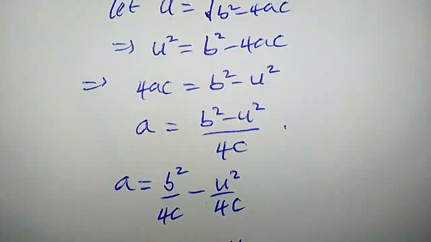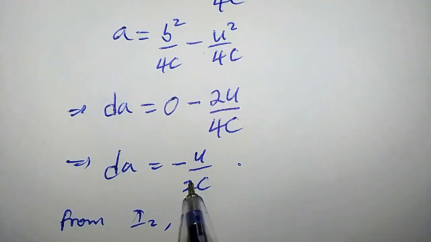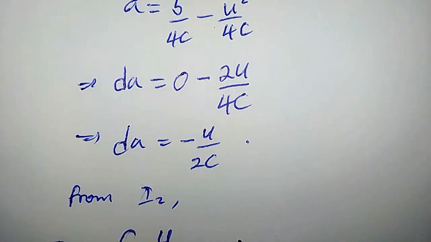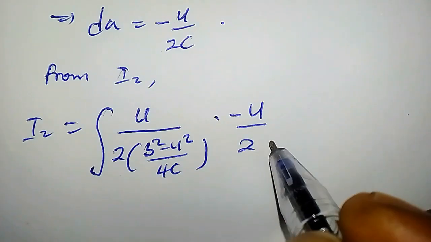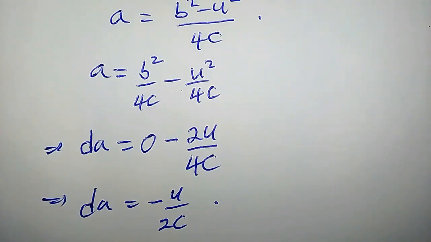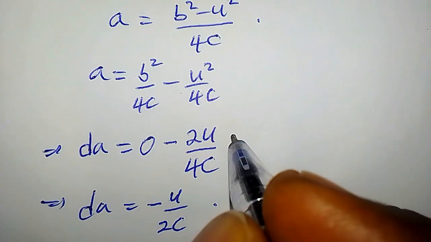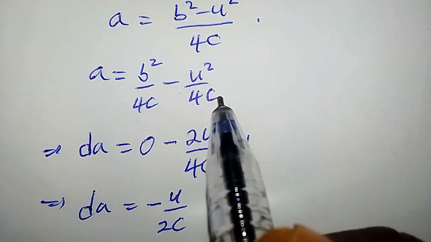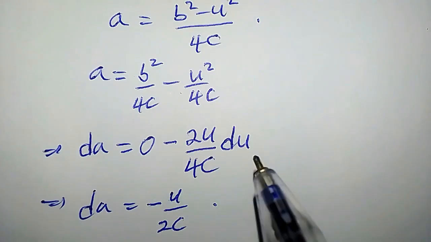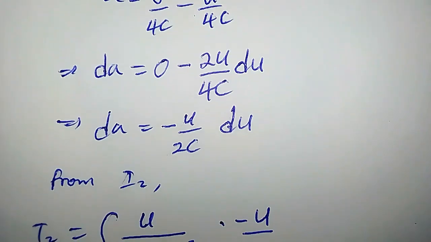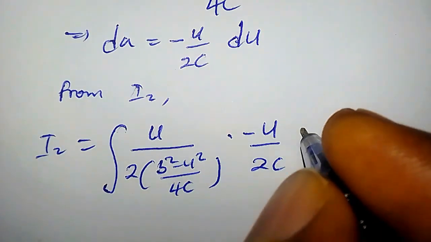We already know what dA is. dA is minus u over 2c. Oh, sorry. This should be du. Since we are differentiating u squared, u is a variable. That should be minus 2u du over 4c. So we have du here.